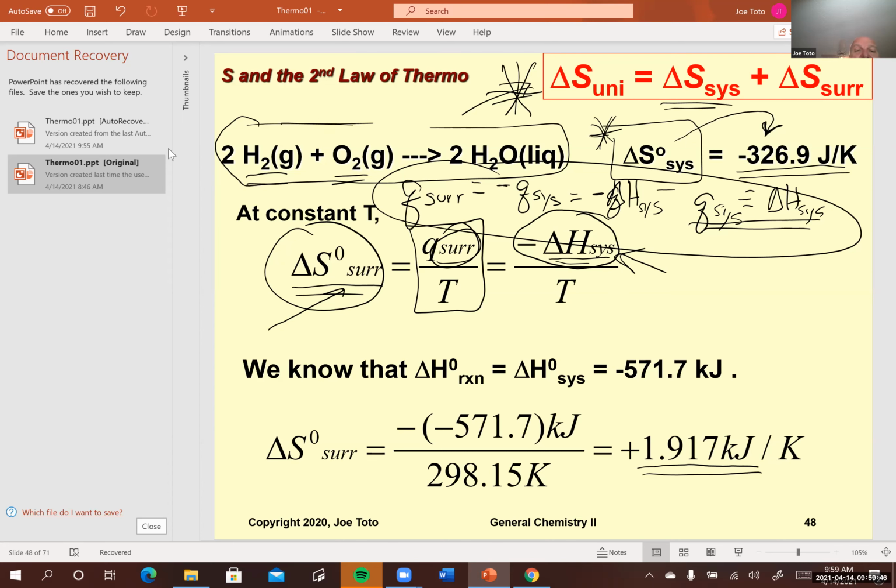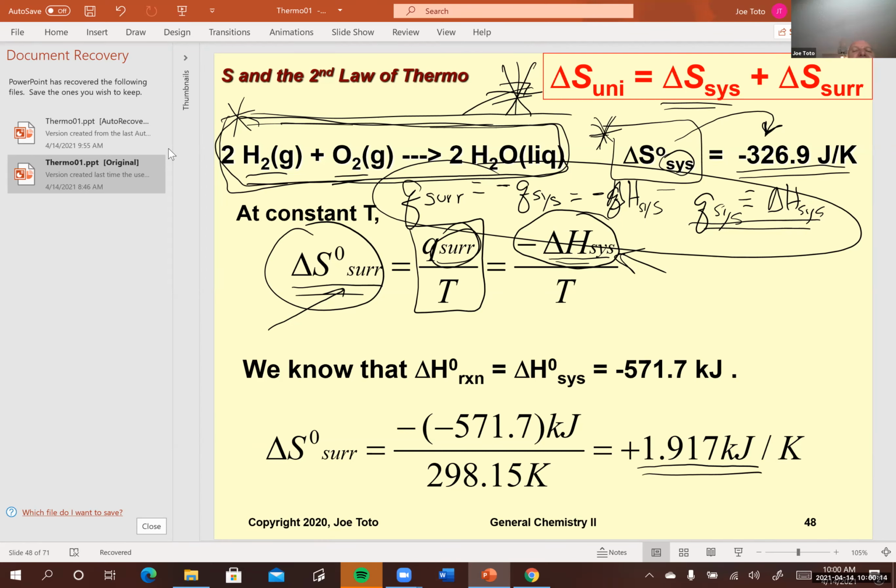Can anyone out there, if you look at this reaction, tell me why you would predict the delta S for this reaction, which we're calling system, would be negative in this process? Does that make sense? Because it's not favored.